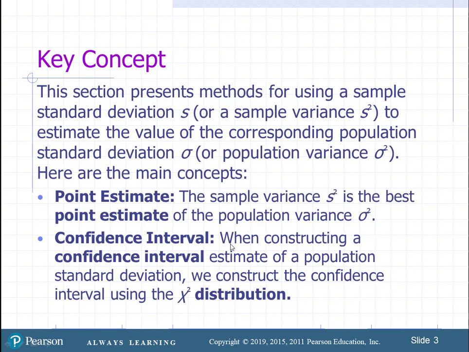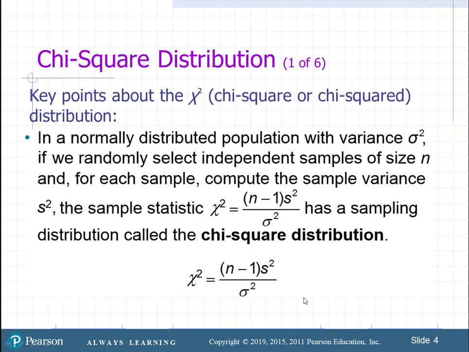We're going to talk about confidence intervals in this section as we look at standard deviation, and we're going to use the chi-squared distribution. Now this is pronounced chi. If you're a student at a university, this is like the Chi of Sigma Chi, the fraternity. So it's not a chi square, it's a chi square.